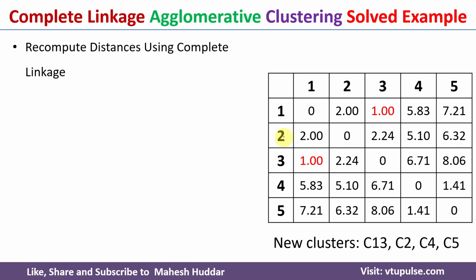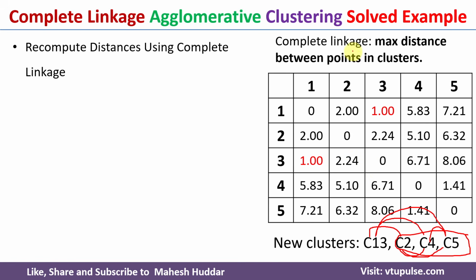After that, we need to recompute the distance using the complete linkage algorithm between the clusters C13 to C2, C13 to C4, C13 to C5 and C2 to C4, C2 to C5 and C4 to C5. These distances are already calculated. In the complete linkage algorithm, the distance between two clusters is the maximum distance between points in the clusters.